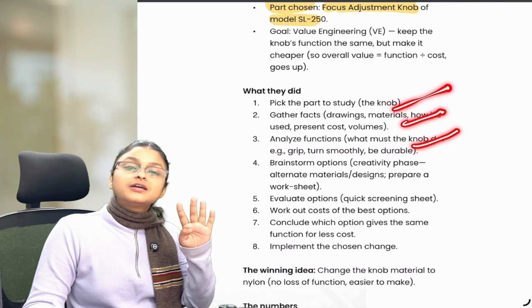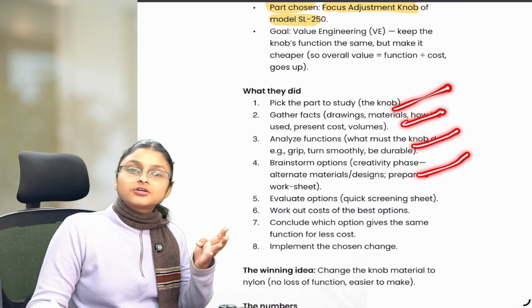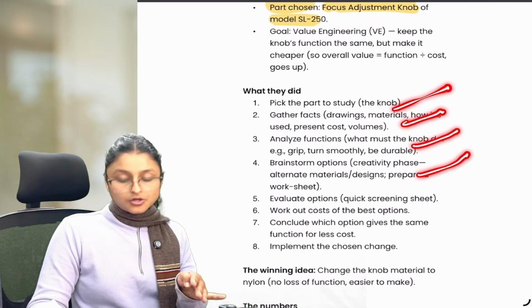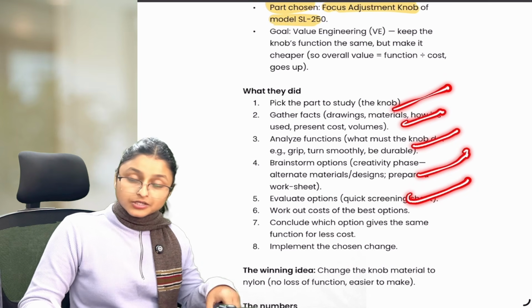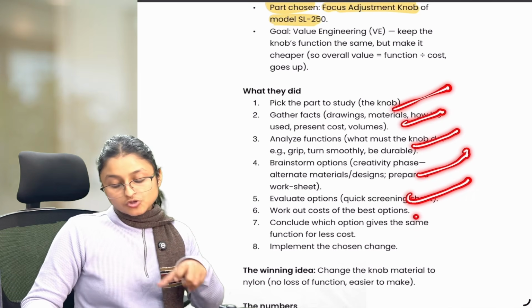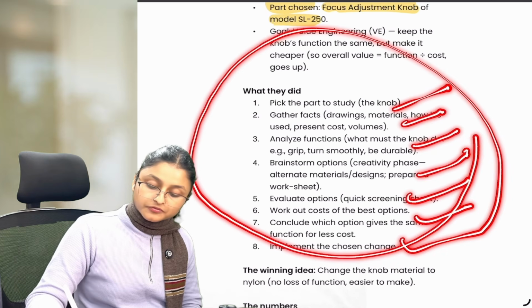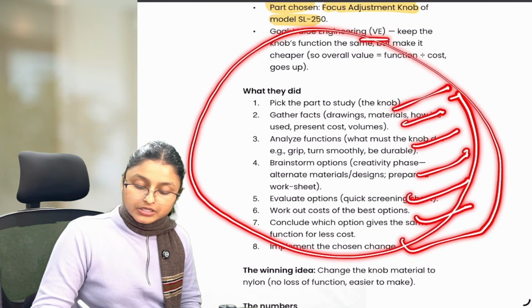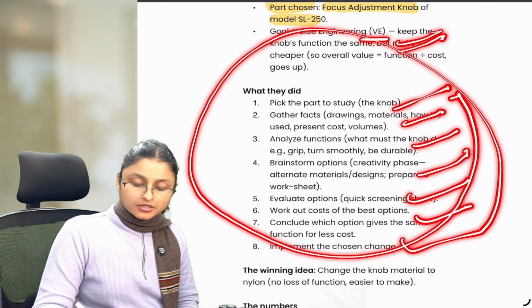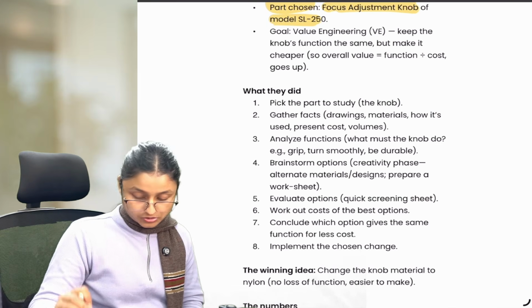Then we will find innovative ideas or alternatives to perform that function at a lower cost. Then we will evaluate all the alternatives. Then the best option will be chosen and implemented. The same method has been followed here, even though they are doing value engineering. So the phases of value analysis are completely applicable for value engineering also.